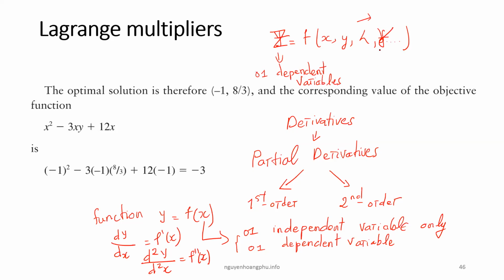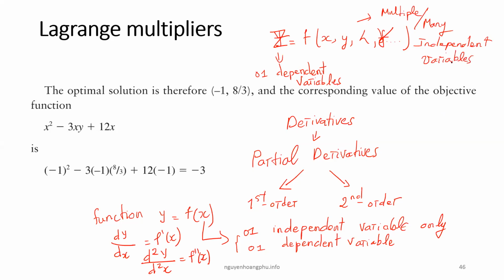However, on the right hand side, we will have multiple or many independent variables.